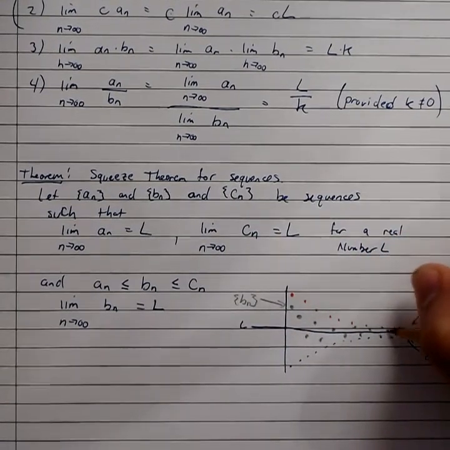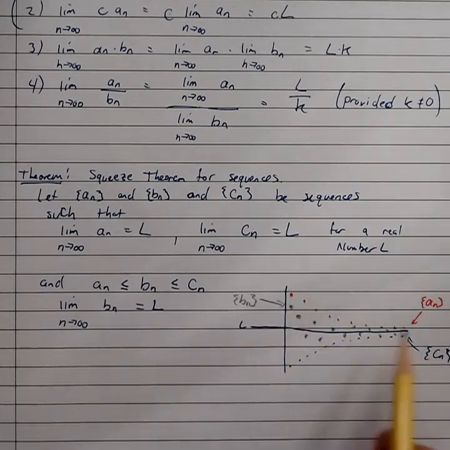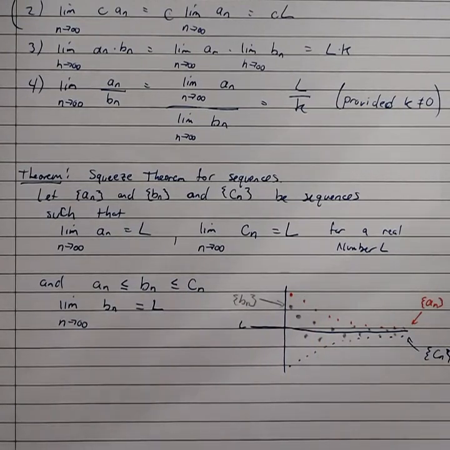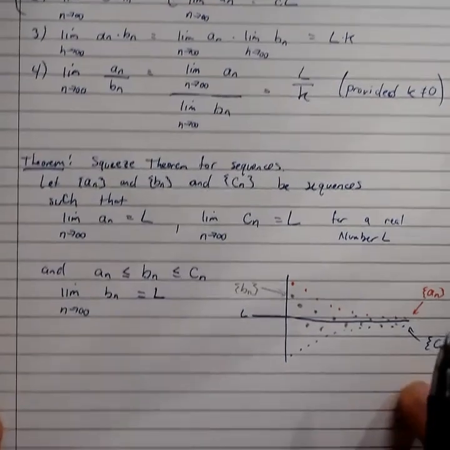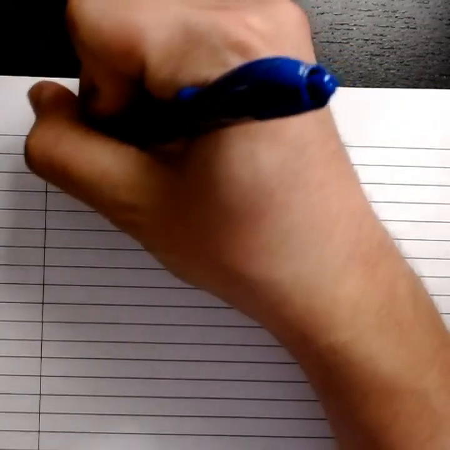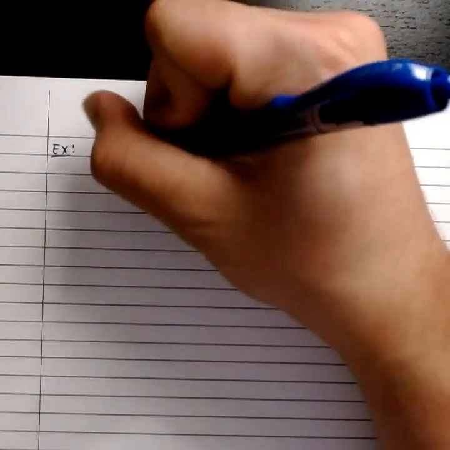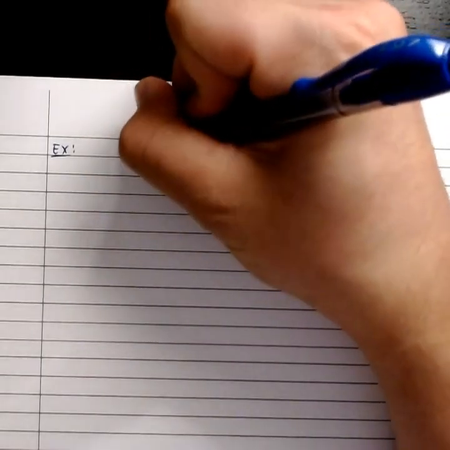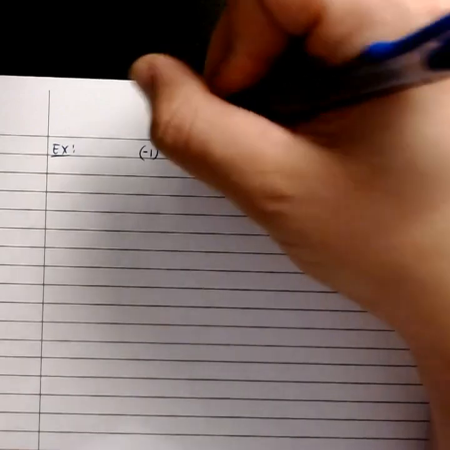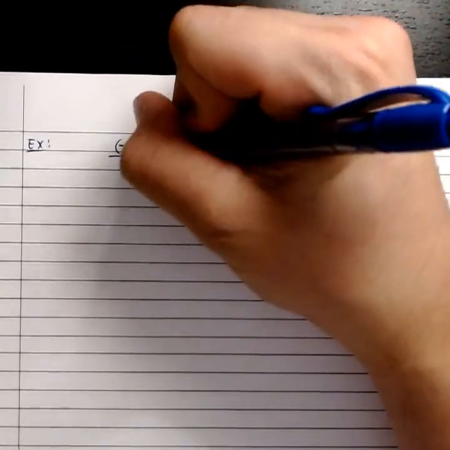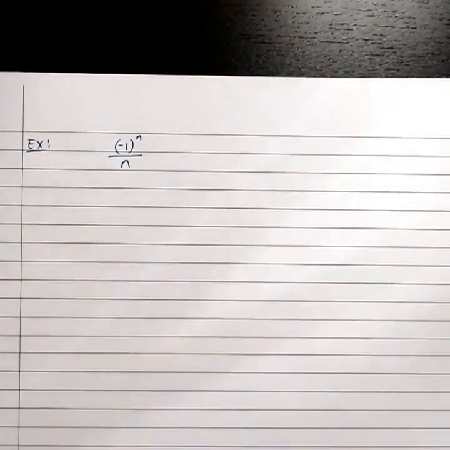And of course, our sequences don't have to converge exactly like this. Here, this is just for illustration purposes, but the squeeze theorem applies to any collection of sequences where these conditions hold. So for example, let's consider the sequence given by (-1)^n over n.